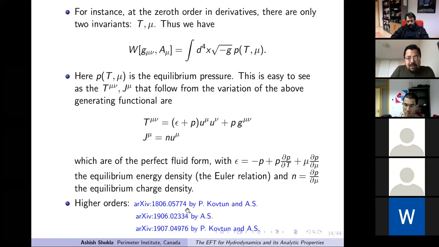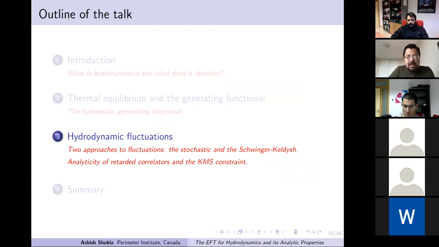For higher orders in equilibrium, up to even the second order in derivatives, those things are discussed in the papers I've shown here, but I won't be discussing them. So this is where I'll stop my discussion of thermal equilibrium. If there are any questions, I'll be happy to answer.